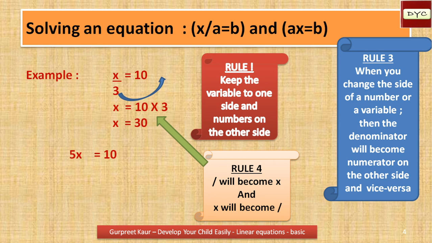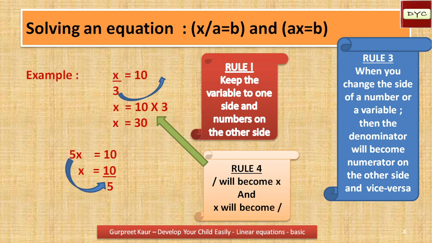Next example. Now here I have taken the multiplication. That means 5x is equal to 10. Here 5 is the numerator. When I will take 5 to the other hand side, 5 will become denominator. So I will write x is equal to 10 divided by 5, which states that now 5 was a numerator.